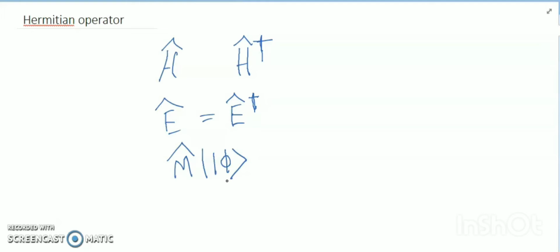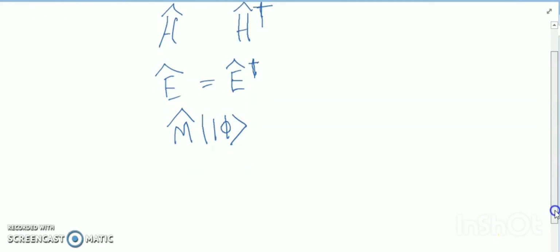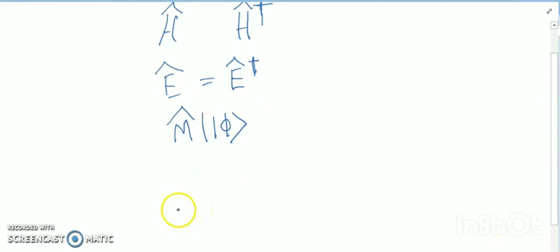Because M acting on phi returns another vector, we also commonly write this as a ket, representing the vector we would get when we act M on phi.